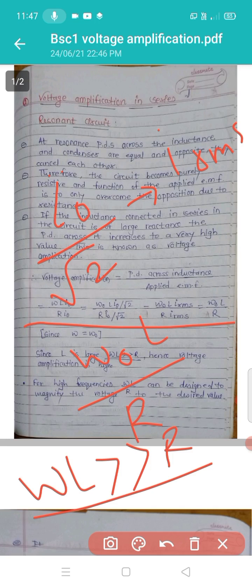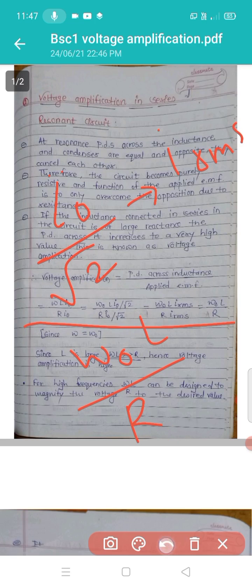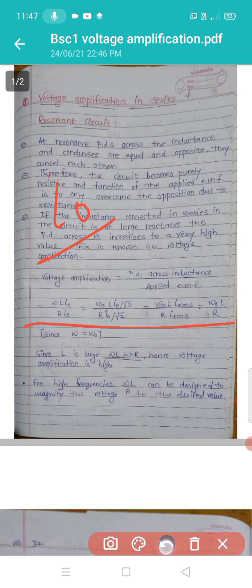The resonant frequency is used in radio and television acceptor circuits to receive the signals.